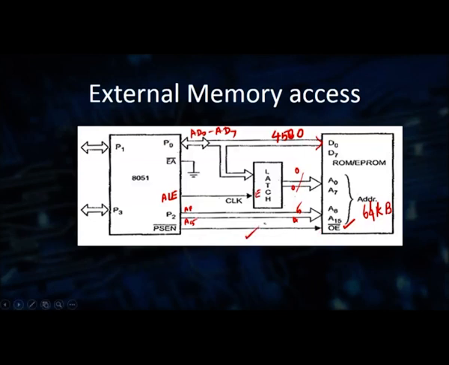Now, you activate the read bar signal. After that, the data available at 4500, suppose my data is 96, comes to the data lines. So, now the microcontroller reads the data from the memory. So, for external memory access we have to connect these signals.